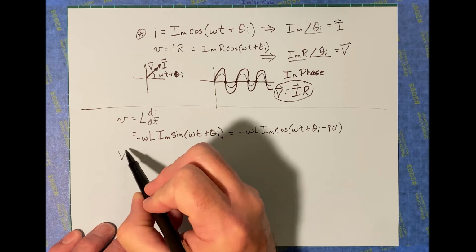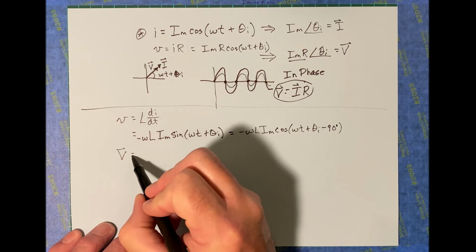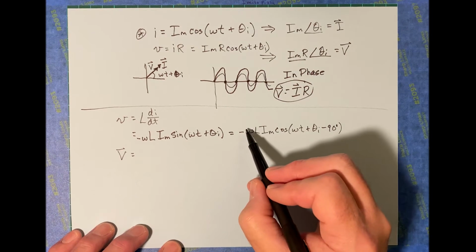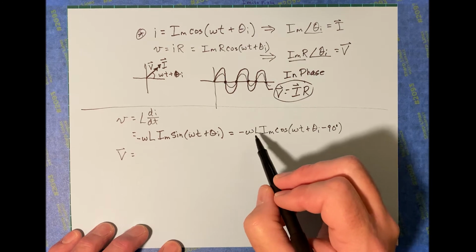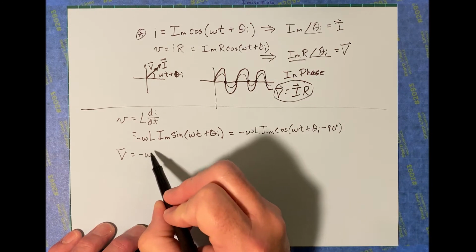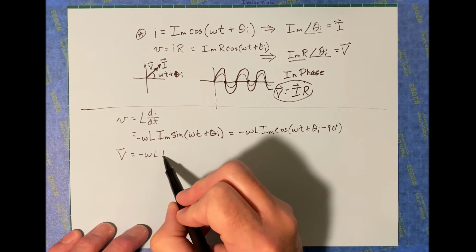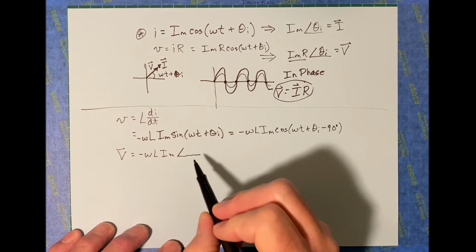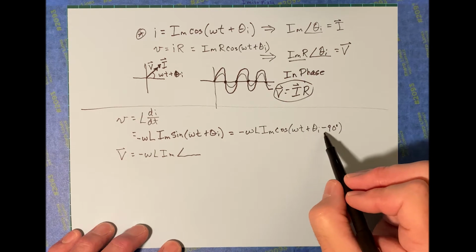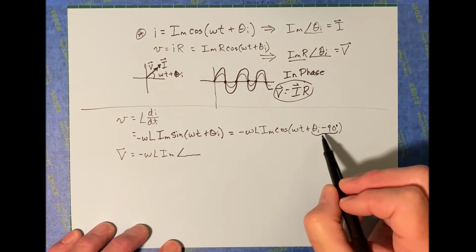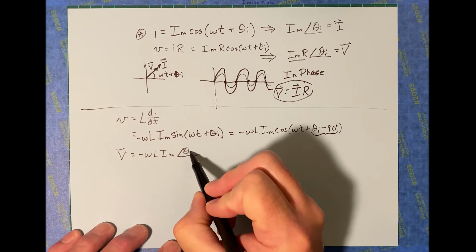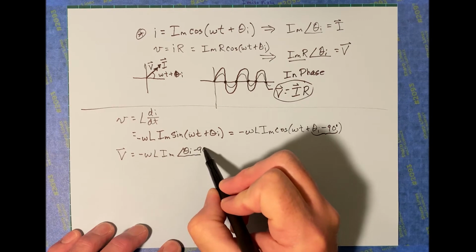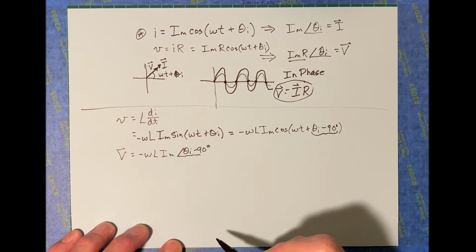Then we can take the phasor of that, and that's going to be just this magnitude right here. Let's just write that as minus omega L I sub m times angle of this right here. That's going to be the phase angle, theta sub I minus 90 degrees, like that.